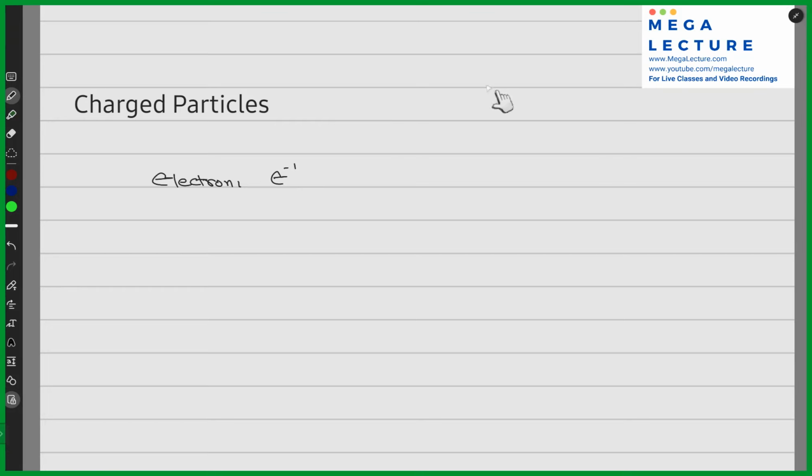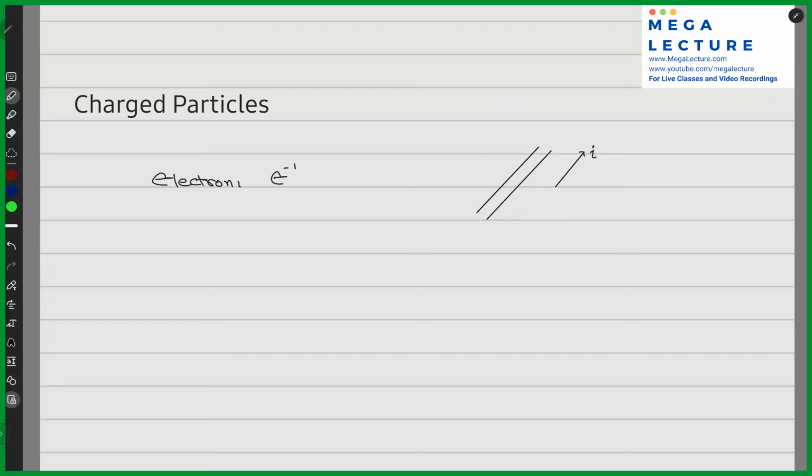If you remember, we had something like this. If you have a wire, this is a zoomed in version of a wire, and suppose that there is some current I flowing in this wire, right? What do we know about that?